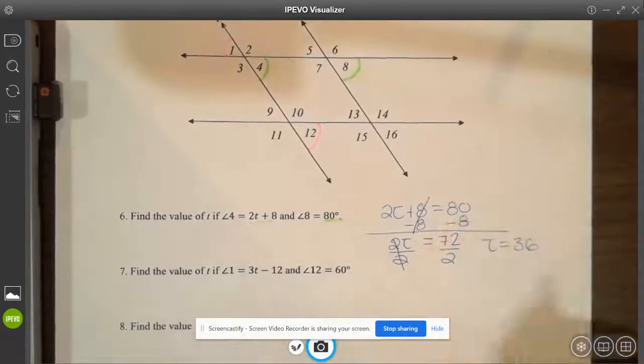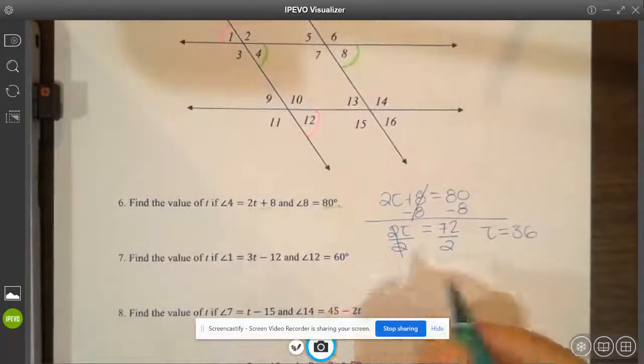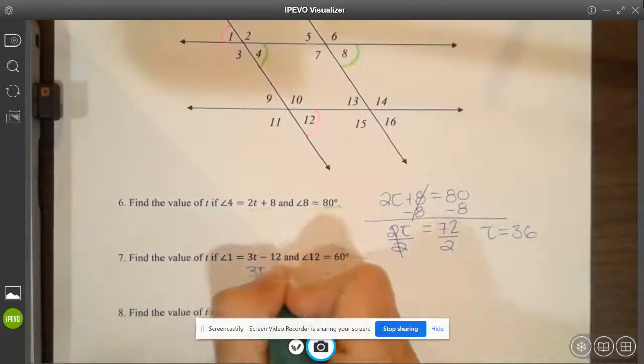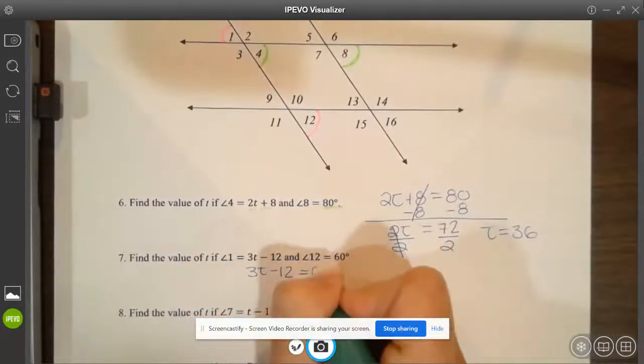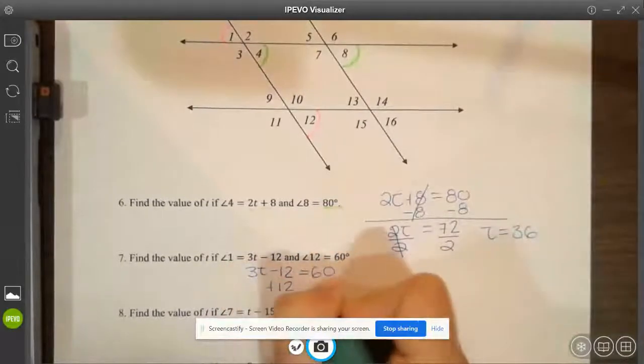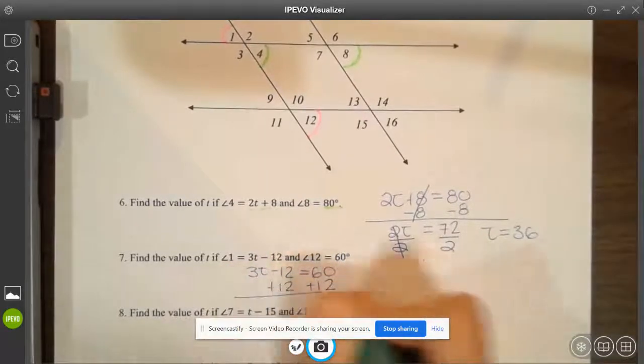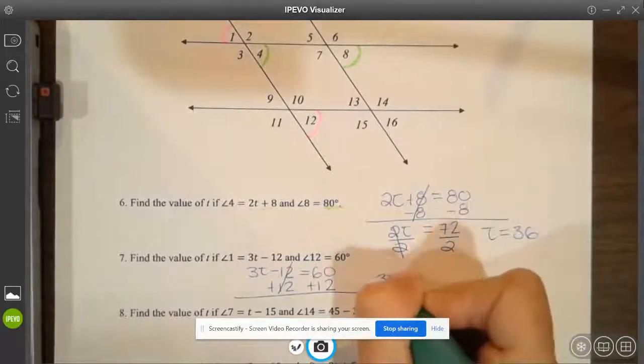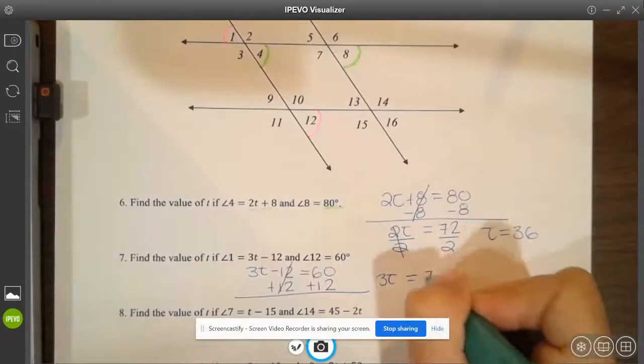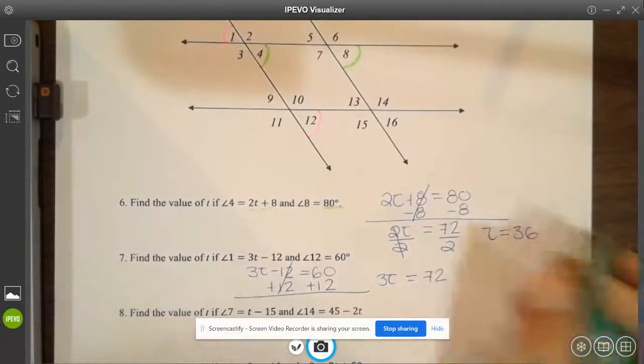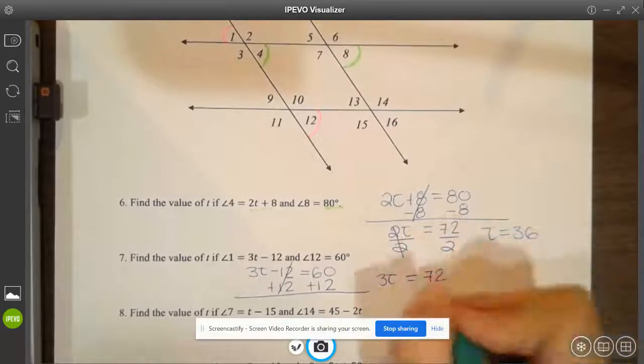So let's set this up equal to each other and find the value for t. So 3t minus 12 equals 60. We add 12 on both sides. That is 3t equals 72 again. Oh no, 72. Yes, it's like the other one.